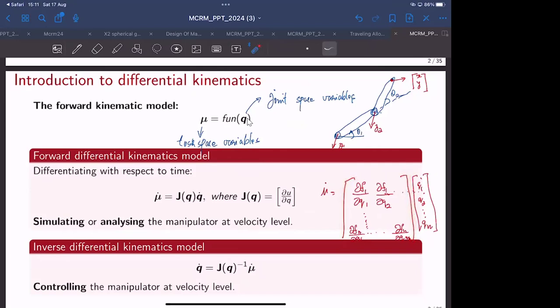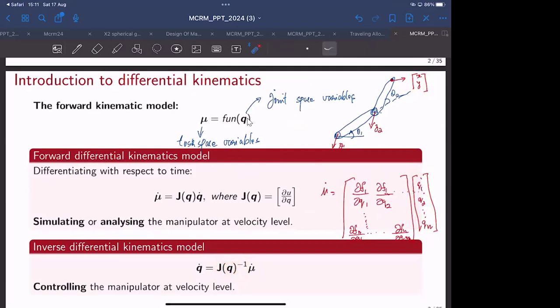If you want to do a forward mapping, we simply derive the Jacobian matrix and multiply it with the given input to the joint variables. If you want to find the inverse problem, you take the inverse of this matrix and multiply it with your desired end effector velocities. Taking an inverse when the Jacobian matrix is square is fairly straightforward.